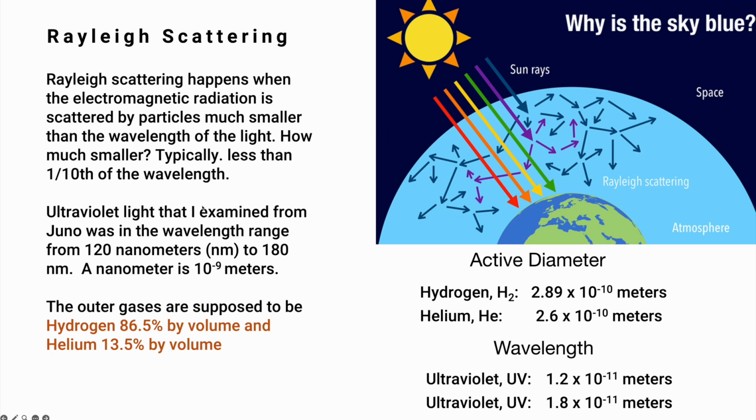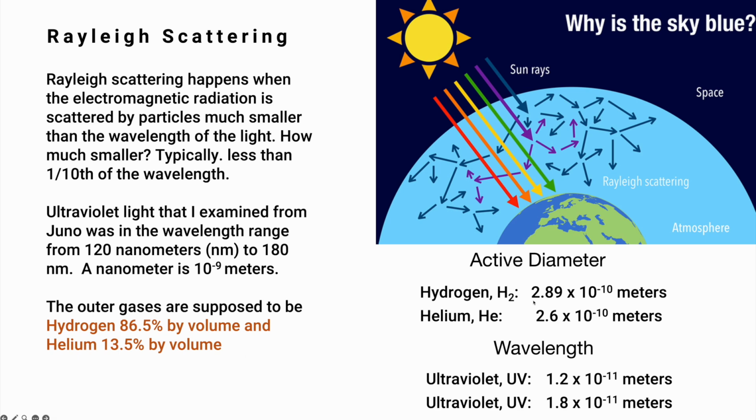Ultraviolet, the light that I examined in Juno, was in the wavelength range from 120 nanometers to 180 nanometers. And according to scientists, the outer gases are supposed to be hydrogen, about 86.5% by volume, and helium, 13.5% by volume.